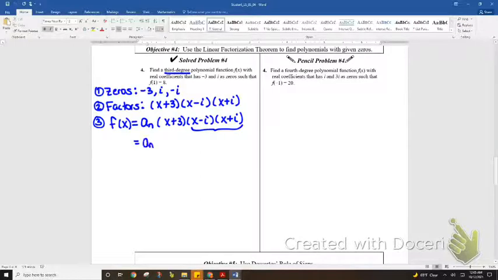So let's bring down our a sub n times x plus 3. And we're going to do FOIL here, okay? So x times x, times positive I, negative I times x, and negative I times positive I. Simplify that.